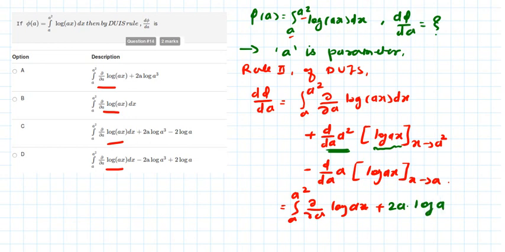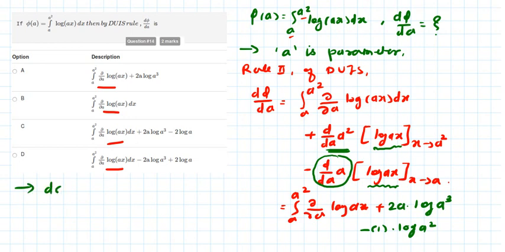This will be log of a cube, minus again derivative of a with respect to a is 1 into, so in log x replace x by a, so this will be log of a square. If you observe, you can simplify further.